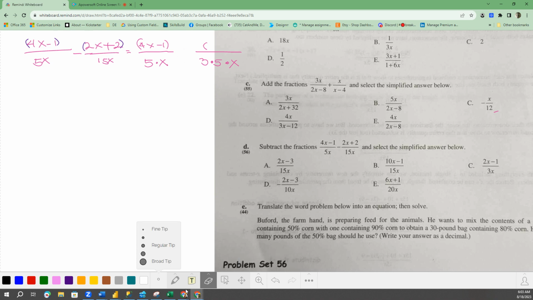That should be not a plus. This is a minus 2x plus 2. All right. Next, we want to mark the common factors. So 5, 5, x, x, and then 3.